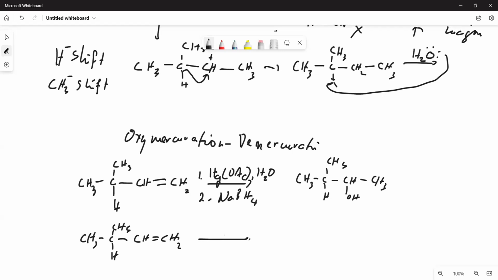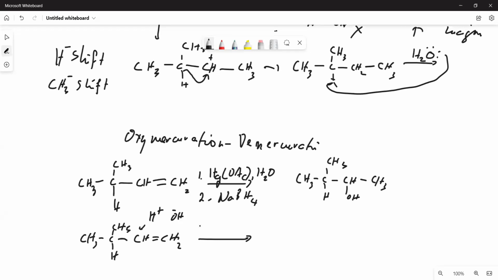If you want the anti-Markovnikov, meaning the OH or the H plus will go to the carbon with less numbers, so H plus will be here instead of going to the carbon with more hydrogen. Okay. So if you want the H plus to be here and the OH here, okay, you cannot use the oxymercuration, demercuration.